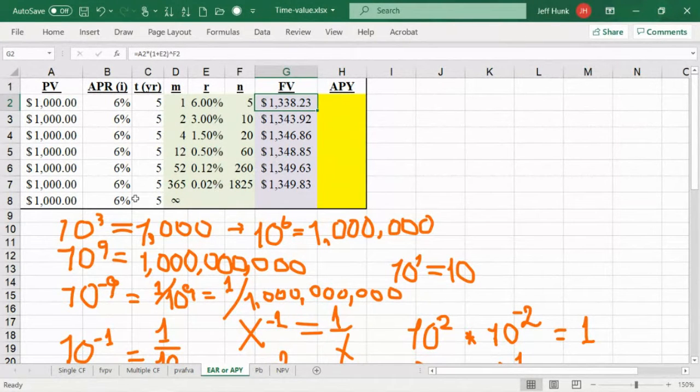And then one question arises. So if daily compounding gets us to this future value, right? Certainly 6% compounded annually won't get you to this future value, it's going to get you to this.